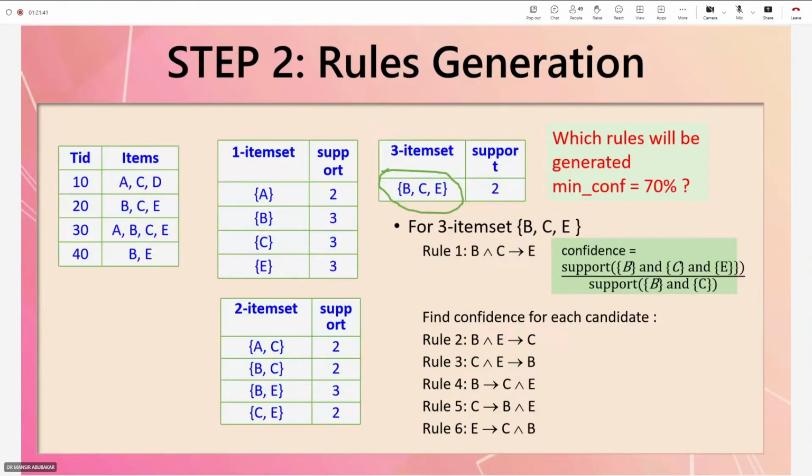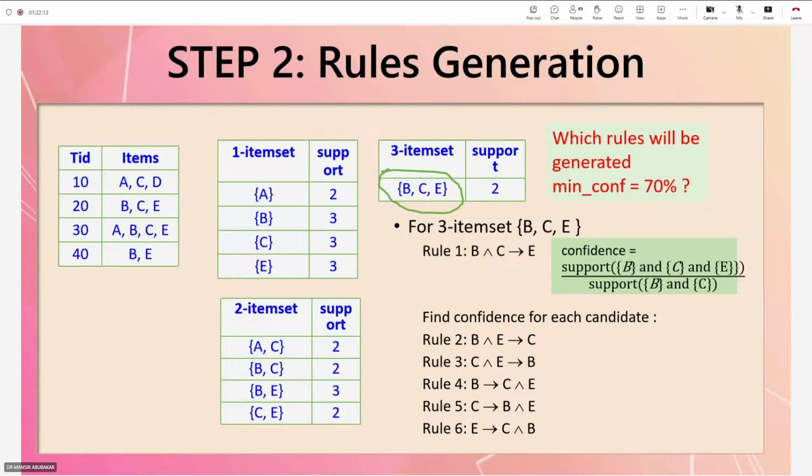The antecedent here is B and C. So the confidence of B and C implies E needs the support of B and C and E, which is here, 2. Then divided by the antecedent support of B and C. If we go back to the 2 item sets, what is B and C? B and C, we have 2 also.